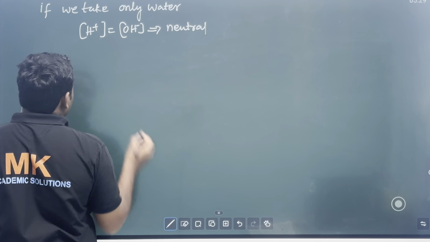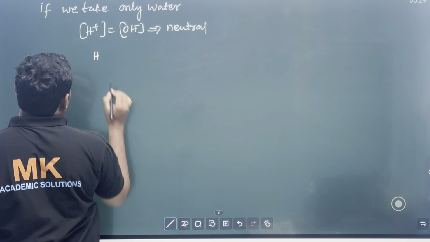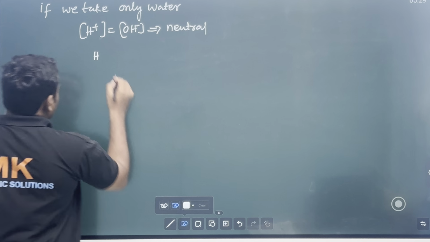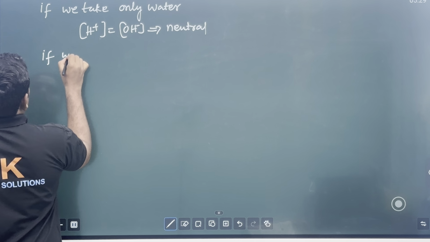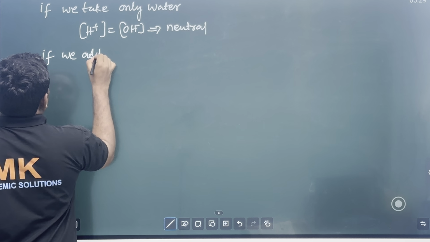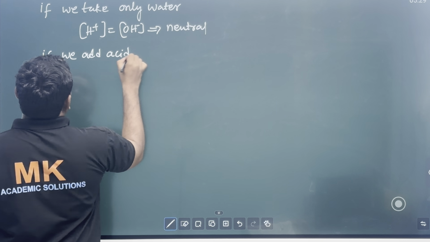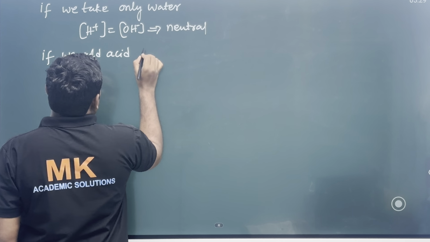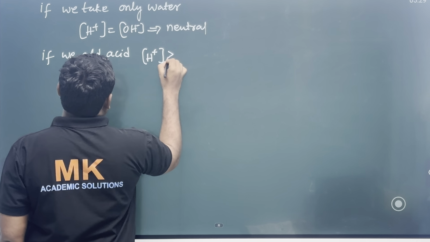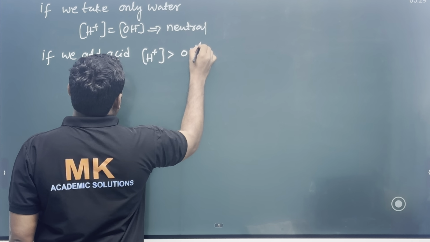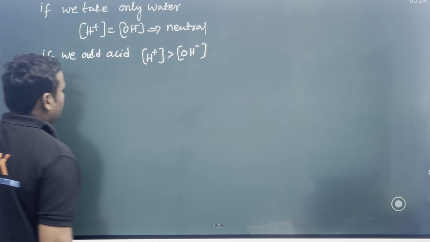If we add acid, H plus ion concentration is greater than OH minus ion concentration.